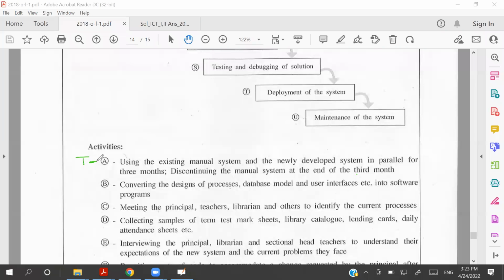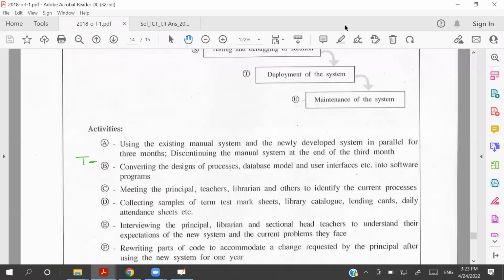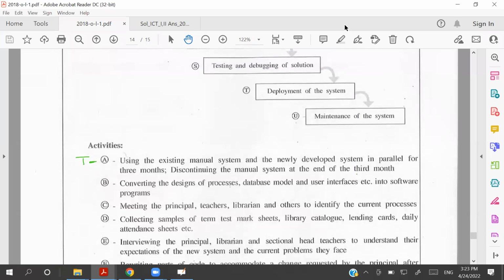That means coding, right? So coding can be found at the implementation of solution. That means R. So A is T, B is R.